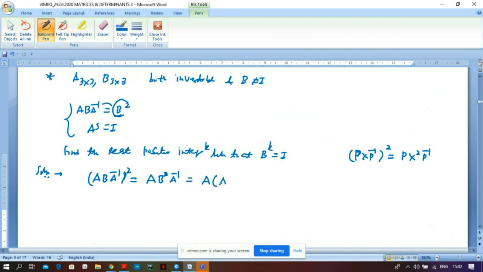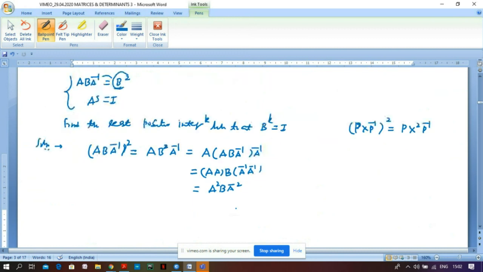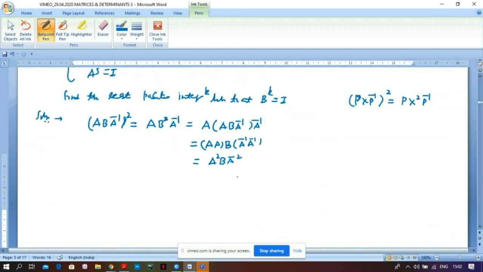So B squared is A inverse, and again A inverse. Associate in the manner A, B, and A inverse: A squared, B, A minus 2. See how easily, using the law of association, we are associating the way we please.